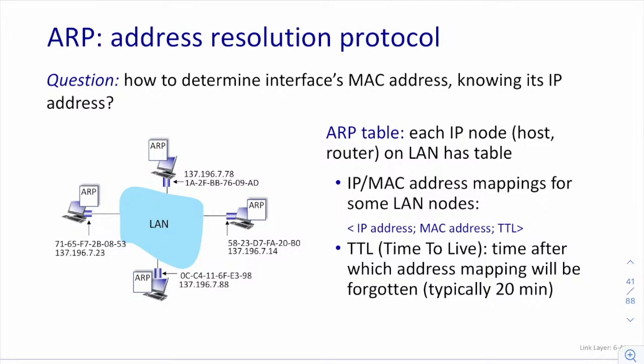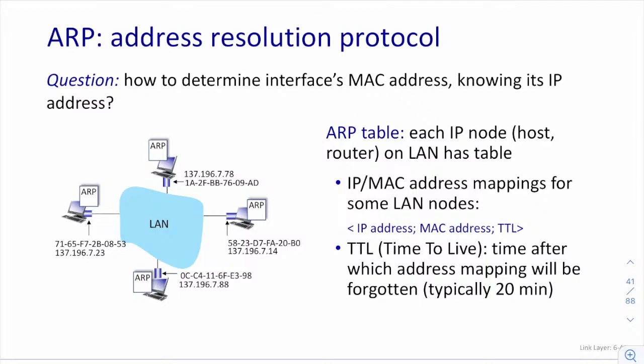But the other problem right here is, when we send a frame, usually you know your interface card, you know its source MAC address, right? But your interface card does not know the destination MAC address. So the problem is, how do we get the destination MAC address?